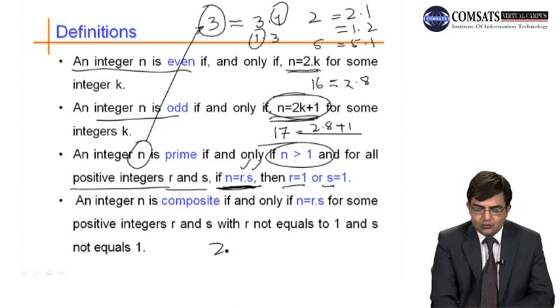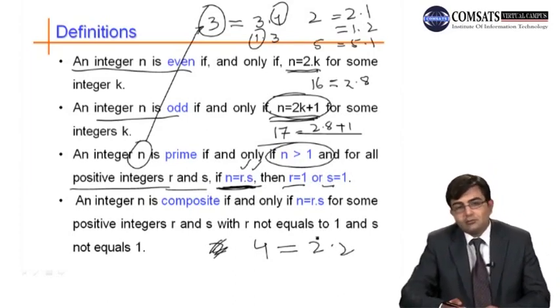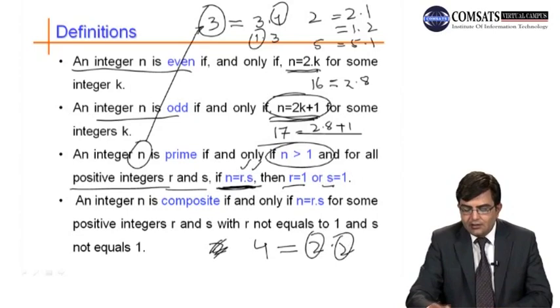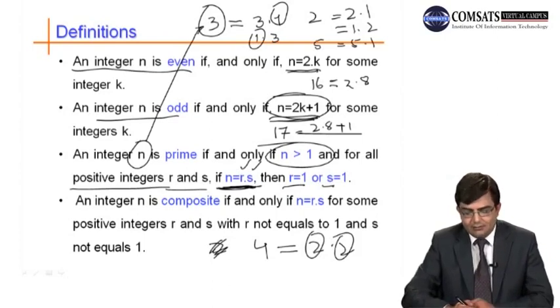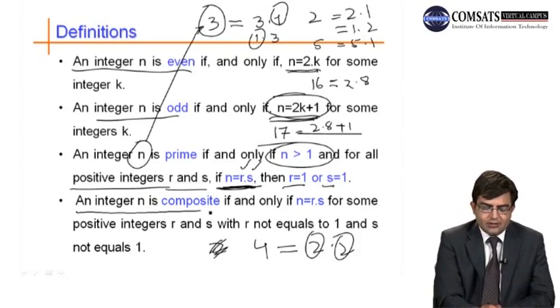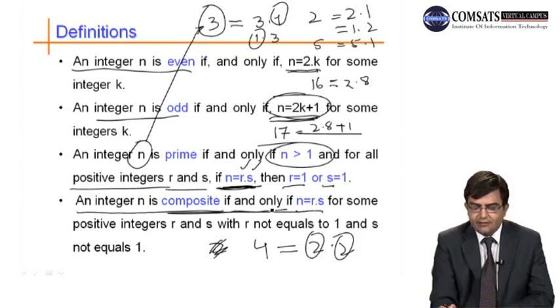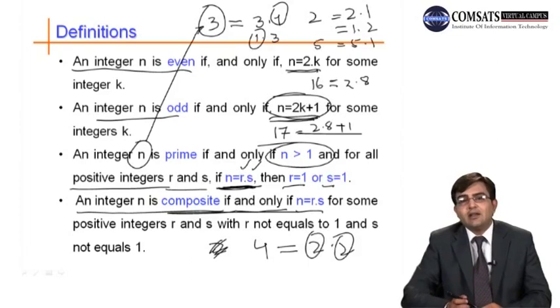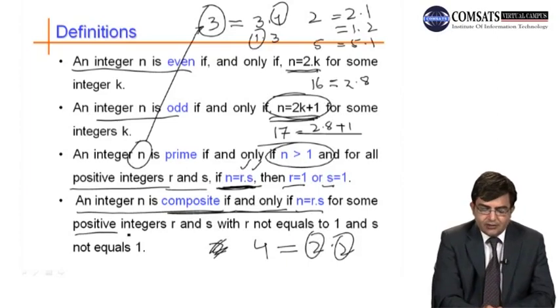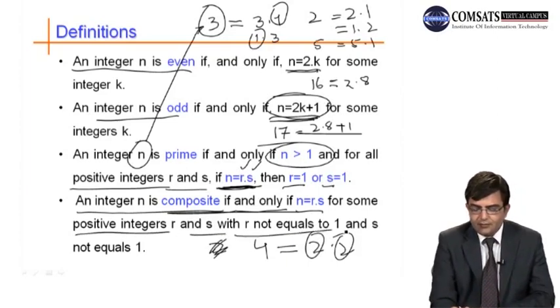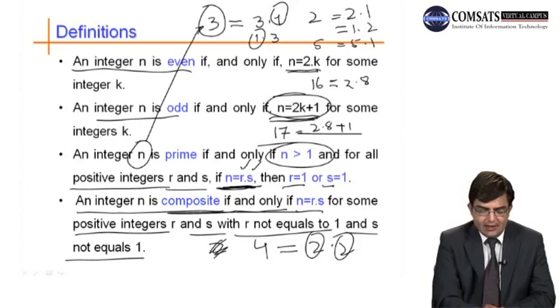Another example, if we take 4, 4 can be written as 2 into 2. Now here none of the numbers is 1, so this is not a prime number. Such a number is called a composite number. So what is a composite number? An integer n is composite if and only if n can be written in the form r into s, for positive integers r and s, with r not equal to 1 and s not equal to 1.